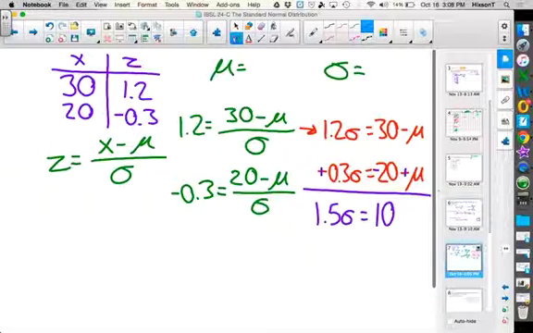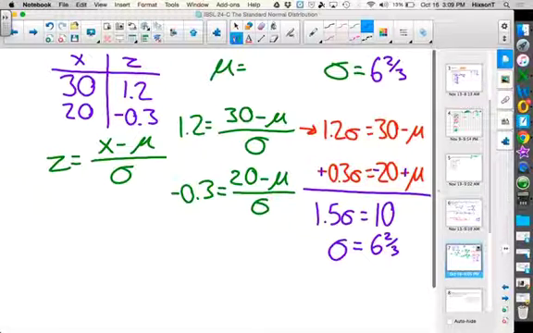And now we can divide: sigma equals 10 over 1.5 or 100 over 15, which gives us 6 2/3. Okay? So now we know sigma is 6 2/3. And we can go back to any one of these equations, plug in the 6 2/3, and figure out what the mean is.